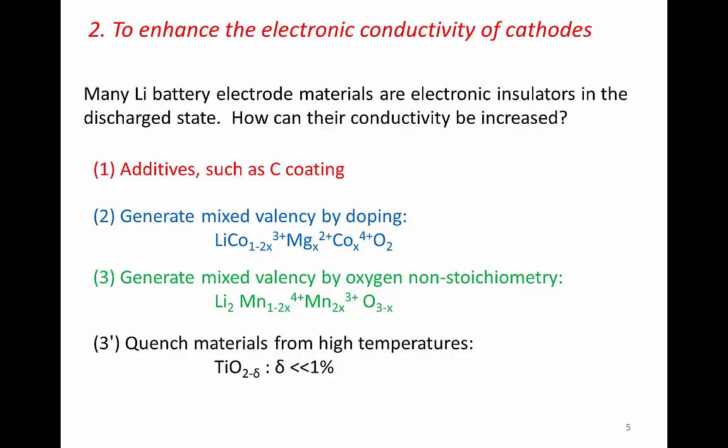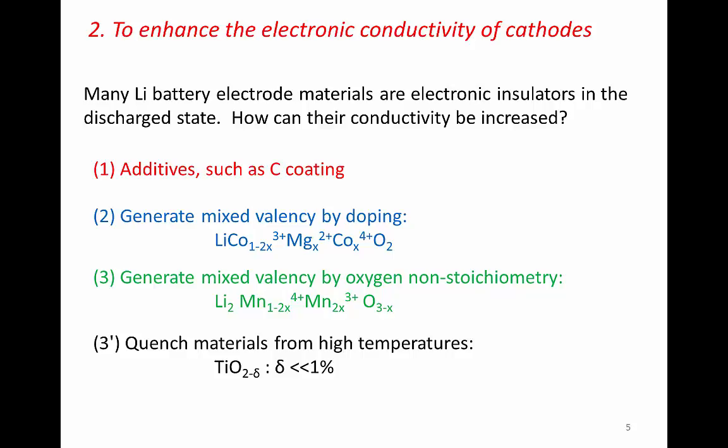That is done by magnesium doping, as we'll see in a minute. Another way of generating mixed valency is by having oxygen non-stoichiometry. If the material is oxygen deficient, then the loss of oxygen is balanced in charge by adjusting the valence or oxidation state of your redox active element. In this case, we have manganese 3+ and 4+ in the formula.